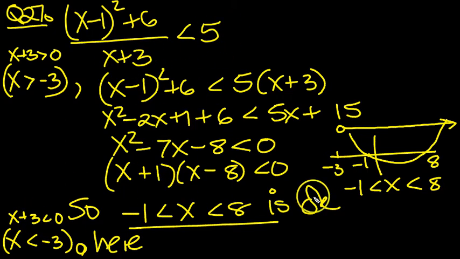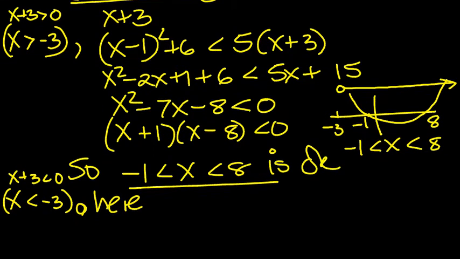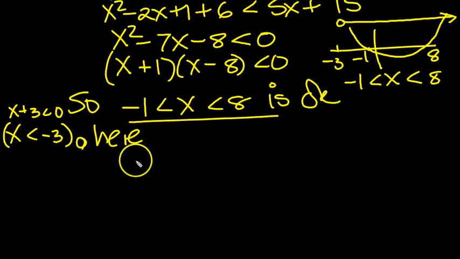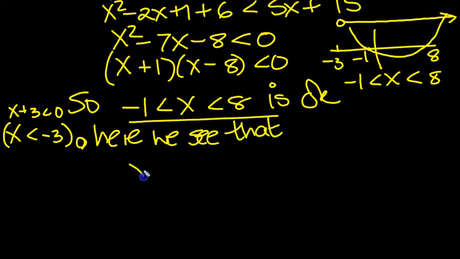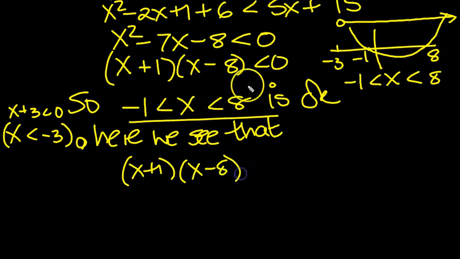So all this can be written down the same. I'm going to take a shortcut here, because we've done all the work just above. So we got (x plus 1)(x minus 8), and instead of it being less than, it's greater than 0, isn't it?